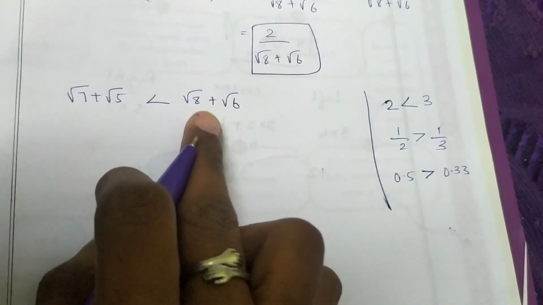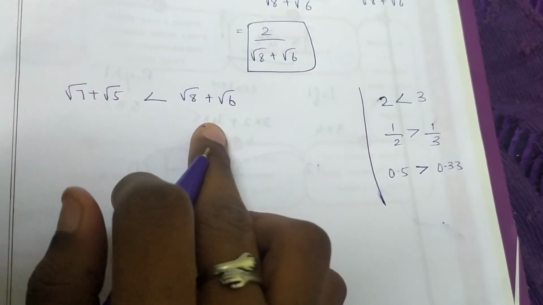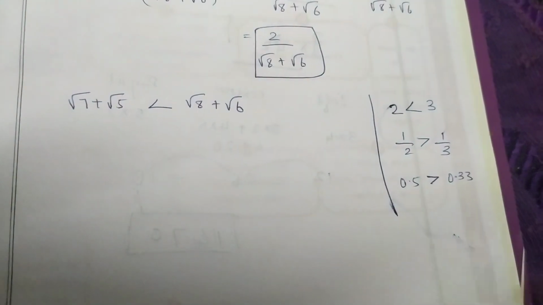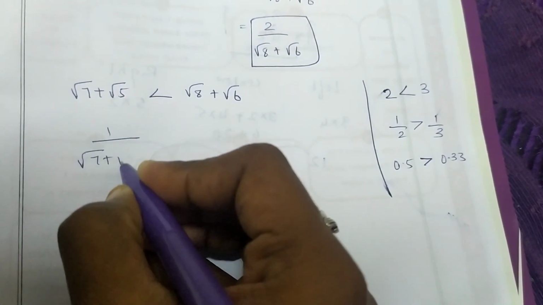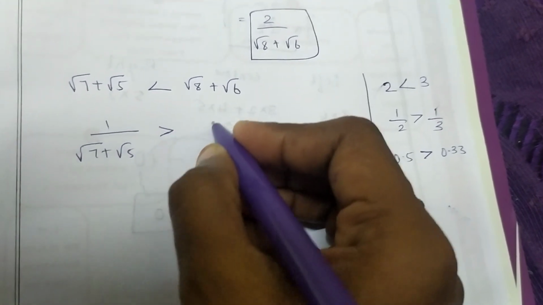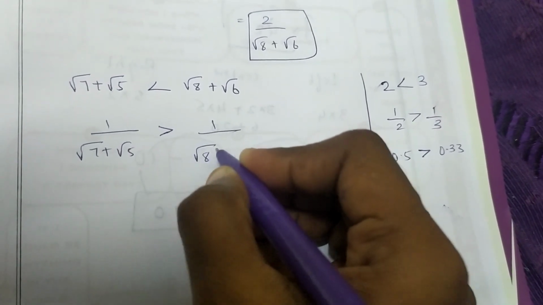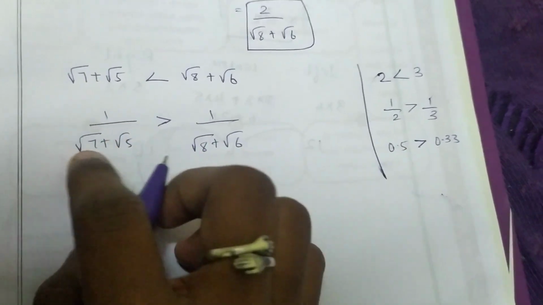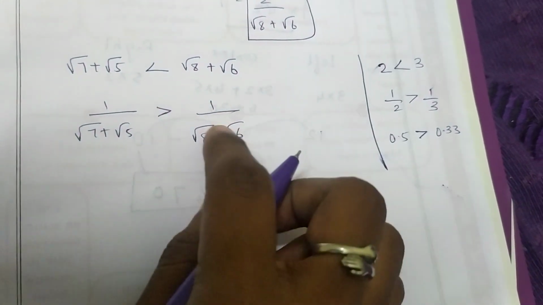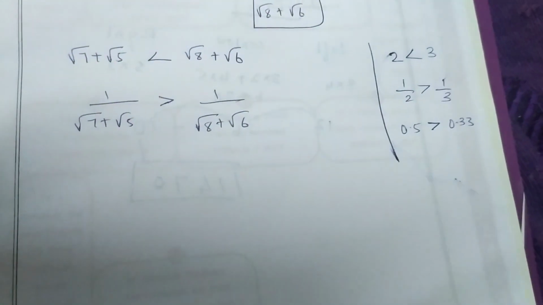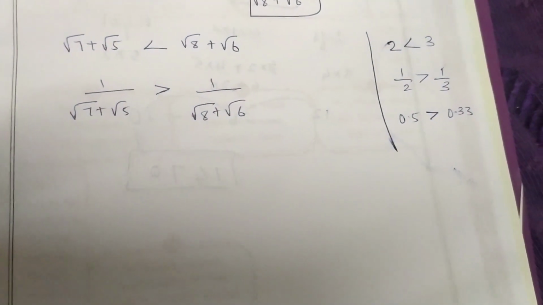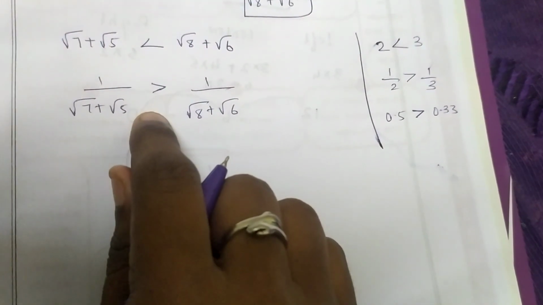Then I have to take the reciprocal, and there is a change in sign: 1 by root 7 plus root 5 is greater than 1 by root 8 plus root 6. Can you understand? If you take the reciprocal, the sign also changes.